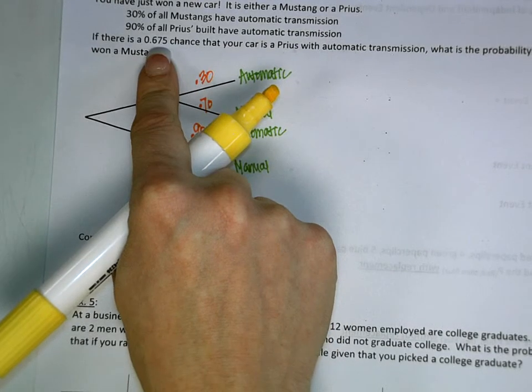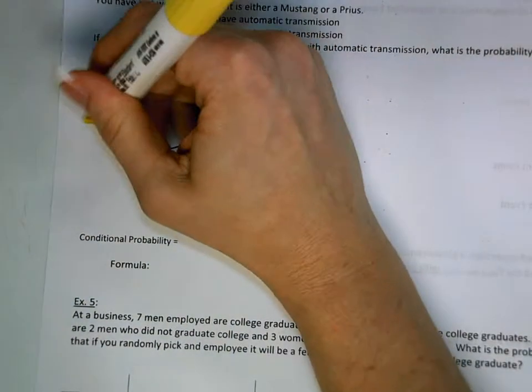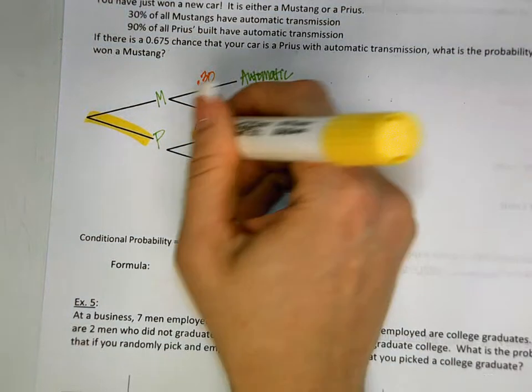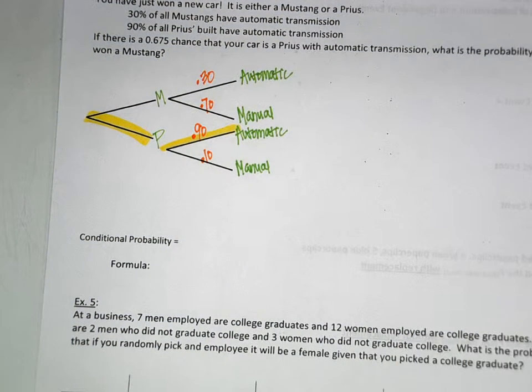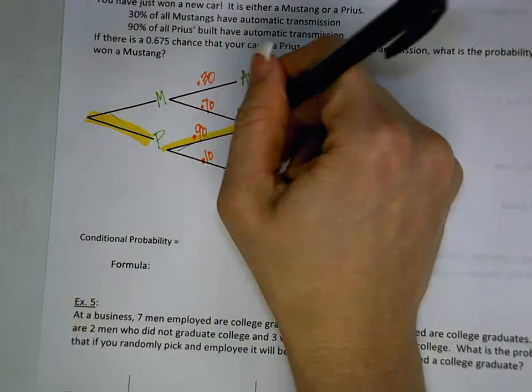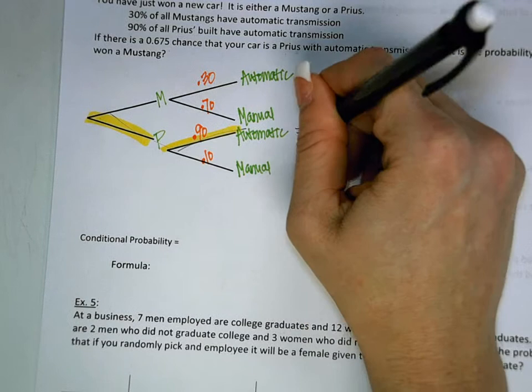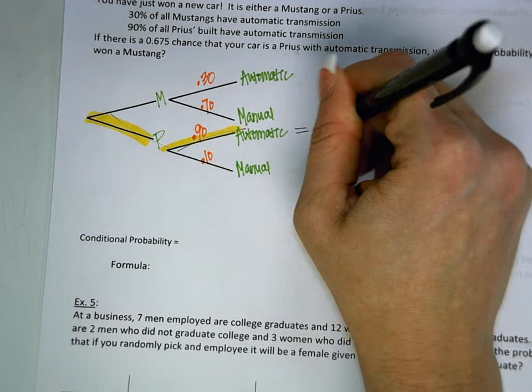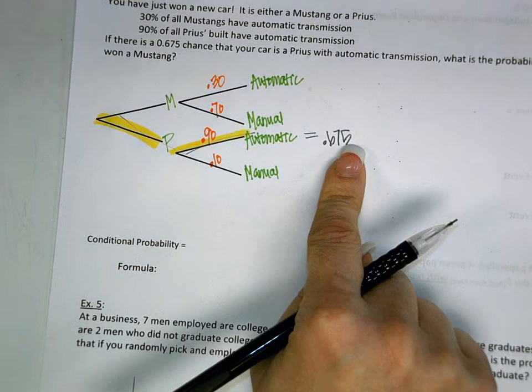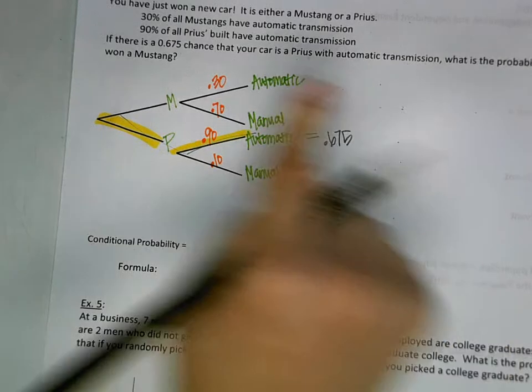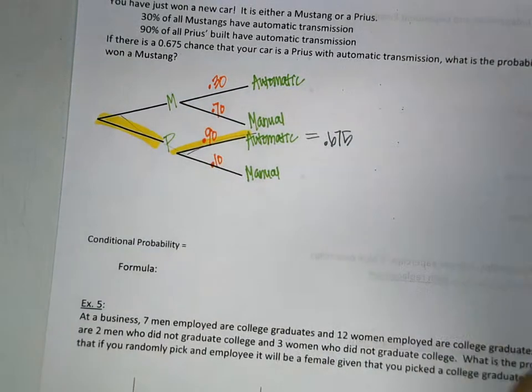Now, I am telling you that there is a 0.675 chance that your car is a Prius with automatic transmission. So if you multiply these two branches together, it equals 0.675. I'm not giving you the branches, I'm giving you what they multiply to be.